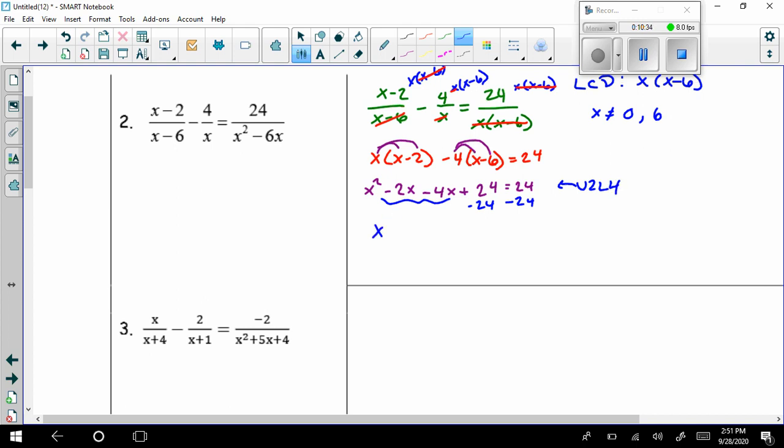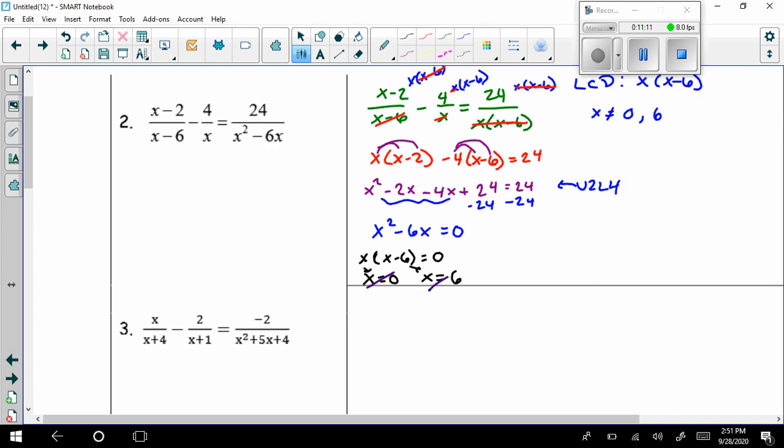All right, so I have x squared minus 6x. 24 minus 24 is 0. So that one is done. And then I bring out an x. And I could stop right here because I see that that is my LCD, or you could keep going. x equals 0, x equals 6. x cannot be either of those.